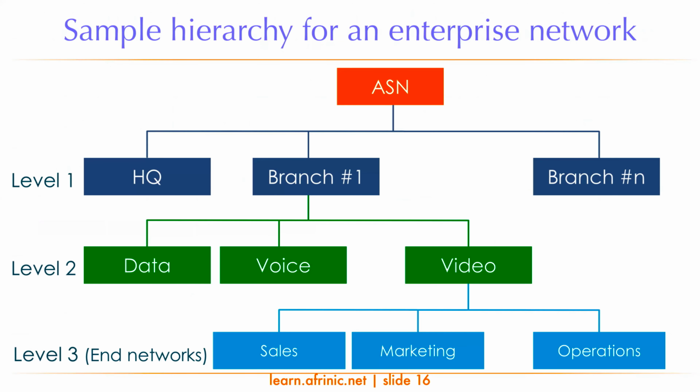Then finally, in an enterprise network, same as what we've been looking at, but this time around we have headquarters as the first level, then various branches. And then in each of these branches, we have various services and the end networks, or in this case, the departments like sales and marketing, which can be our VLANs.